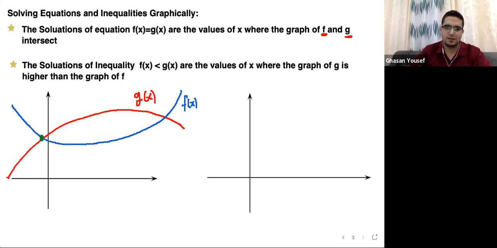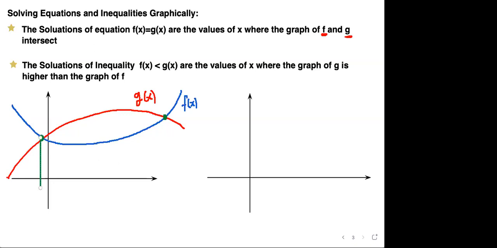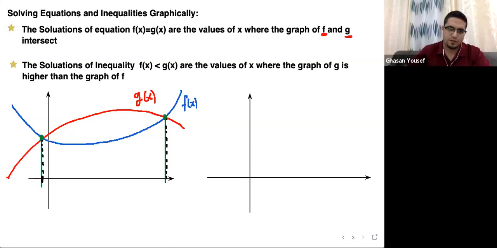The solution is the x value where f and g intersect. As we look here, the intersection points between both functions are here. This is the first intersection, and this is my second intersection. So the solution is the x value. This is my first point, x1. This is my second point, x2.